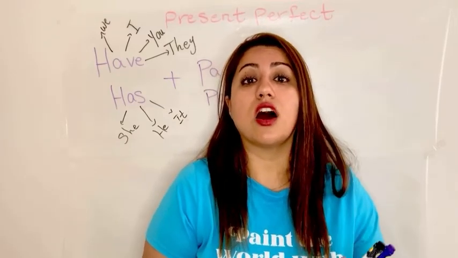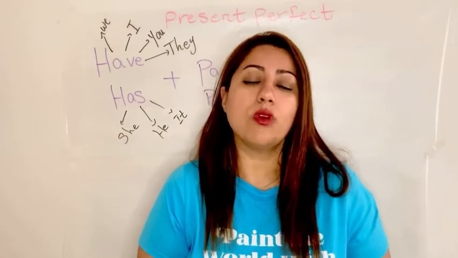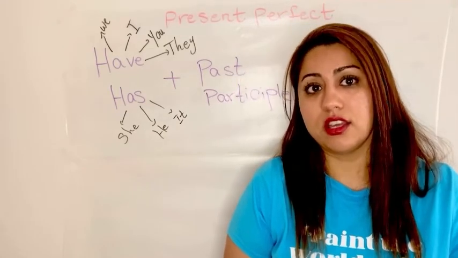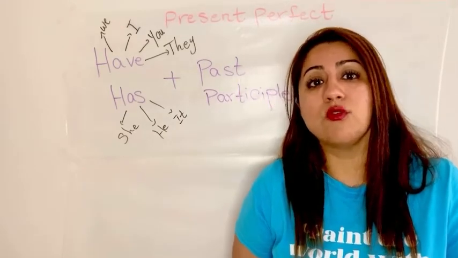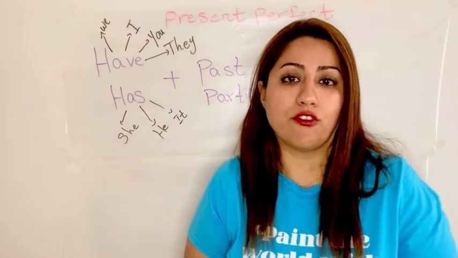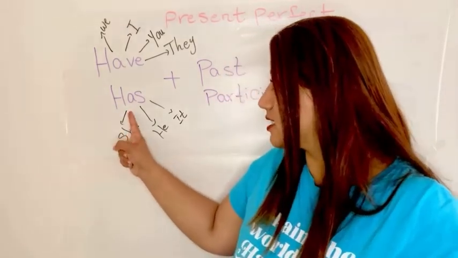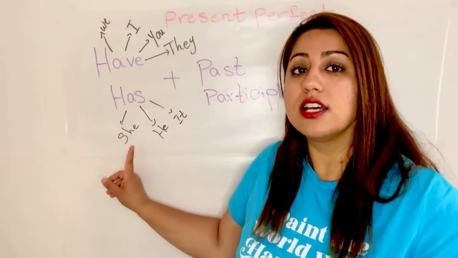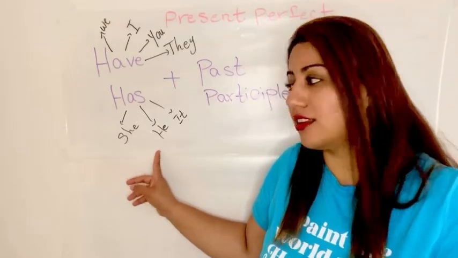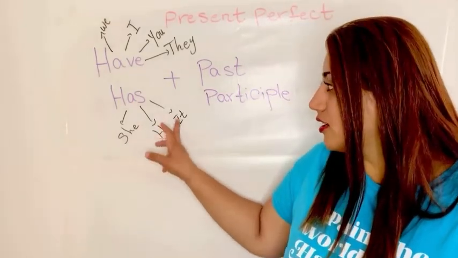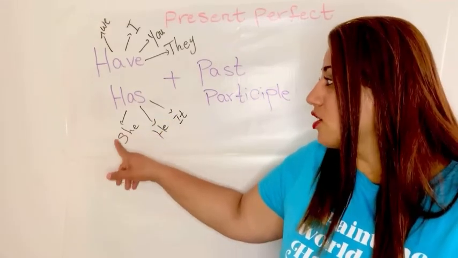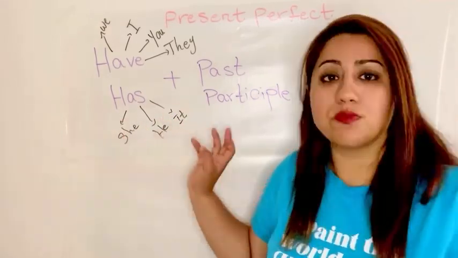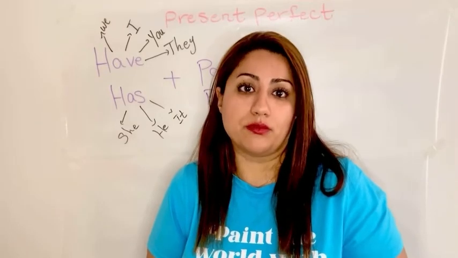Instead of I have been, we make I've been. You've, we've, they've. And for has, the short form for pronouncing is she's, he's, it's, and here it's just a sound s. She's been, he's been, and it's been.